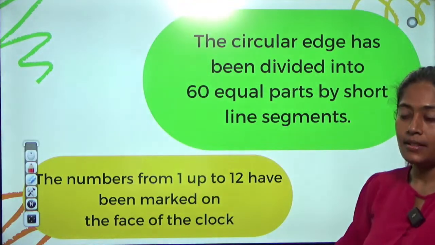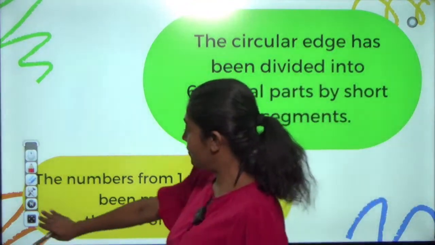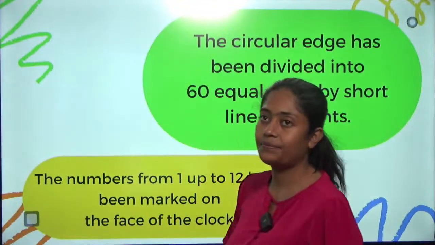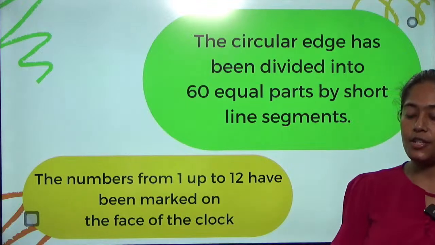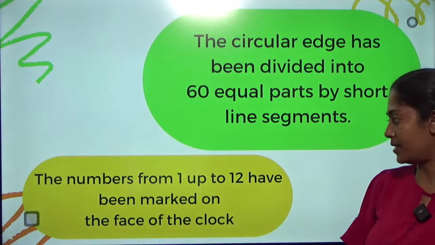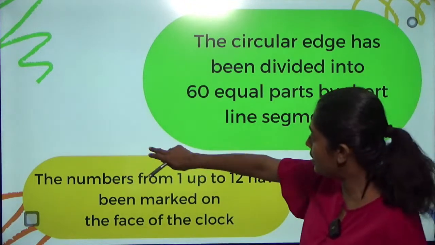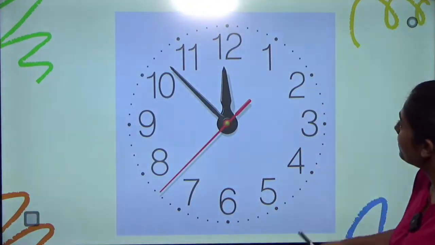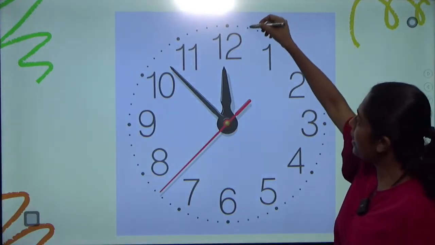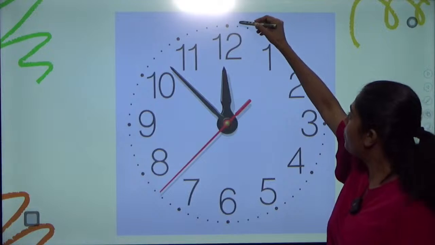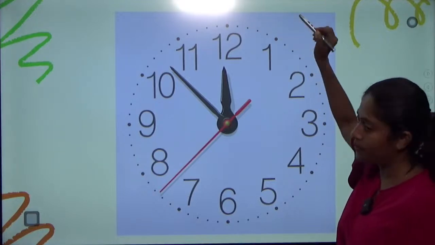Go through these things that I have written here. The circular edge has been divided into 60 equal parts by short line segments. Have you identified those? From here to here we have how many? 1, 2, 3, 4, 5.